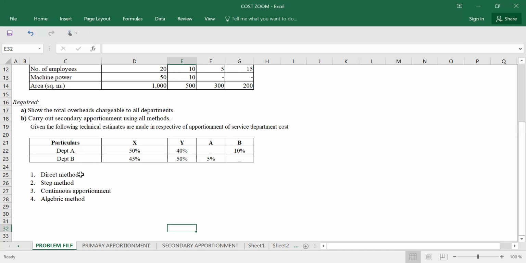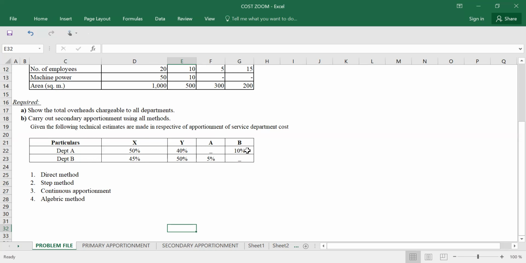Now, using the direct method, we're told that there is no inter-service transfer or distribution. Meaning that costs of these service departments are simply going to be distributed to production departments without distributing to the fellow service department. If it is Department A, we are going to get the costs of Department A and distribute them to X and Y without distributing to B, much as it has 10%.